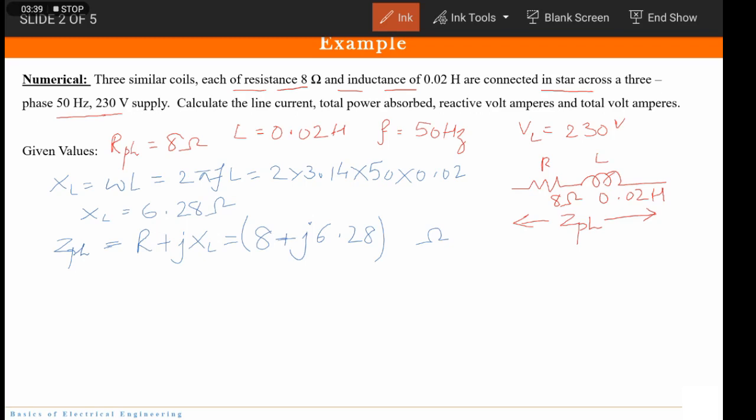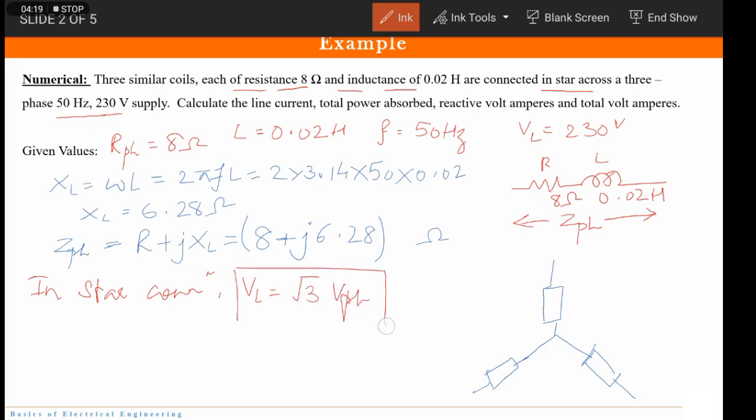Now see, this is a star connection. In star connection, the relationship is that the line voltage is root 3 times the phase voltage.